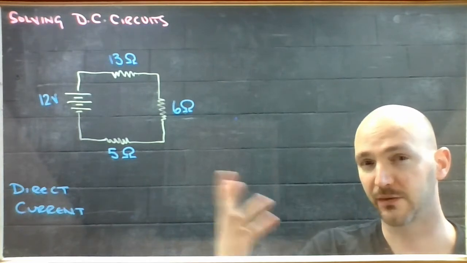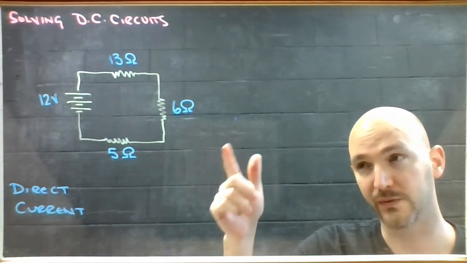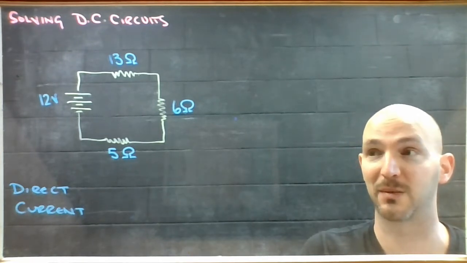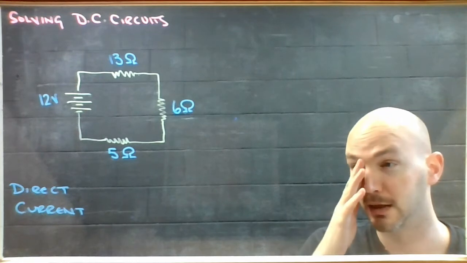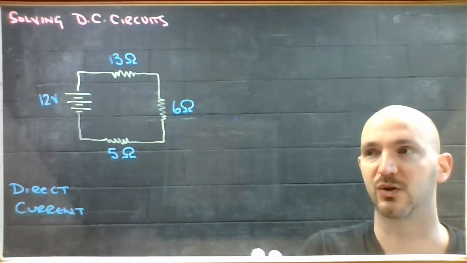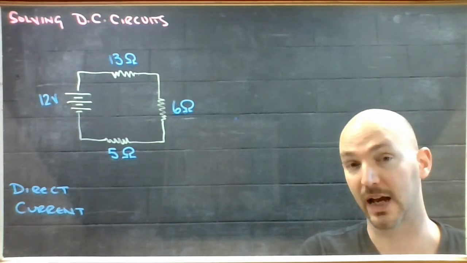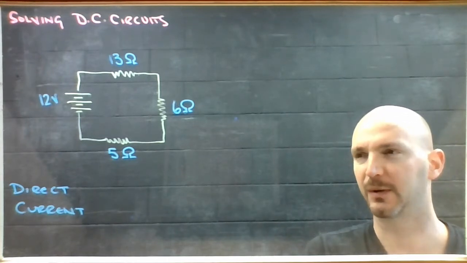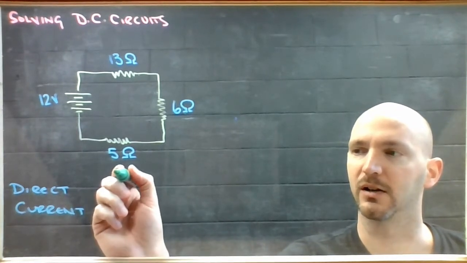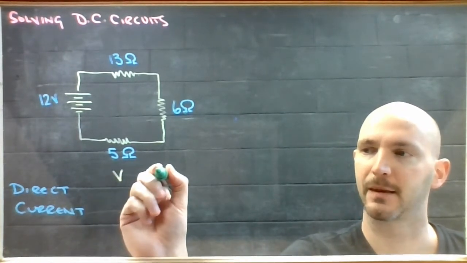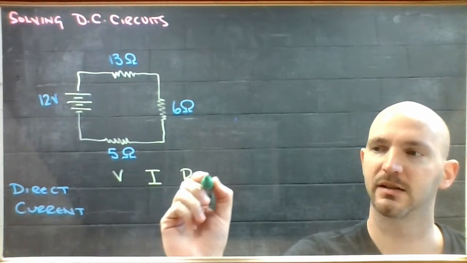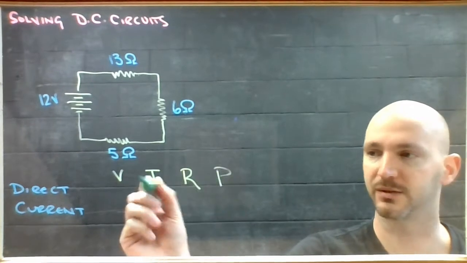So there's a lot of information to gather here, right? There's 4 features of 4 different components. That's 16 different numbers I'm going to have to cook up from somewhere. So I found in the past that it's wise to make a chart just to gather the information. So the things I need to be able to solve then are the voltage, the current, the resistance, and the power consumption.